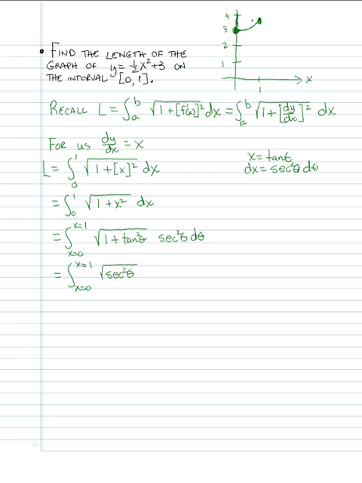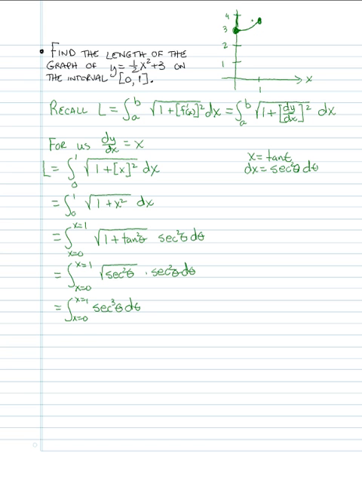So under the radical, we have secant squared theta, and of course, times secant squared theta d theta out here. The square root of secant squared theta is just secant of theta. So we have the integral from x equals 0 to x equals 1 of secant cubed theta d theta.